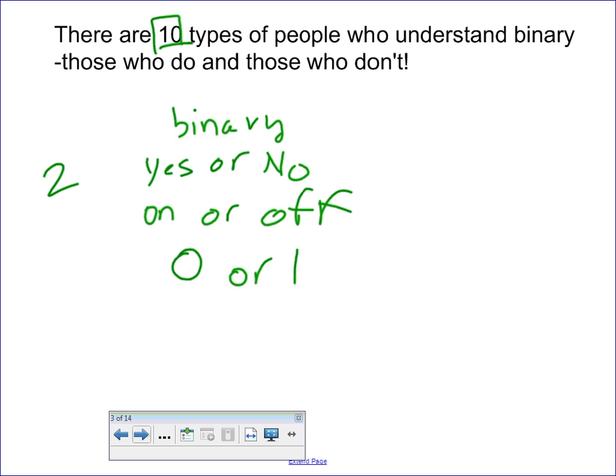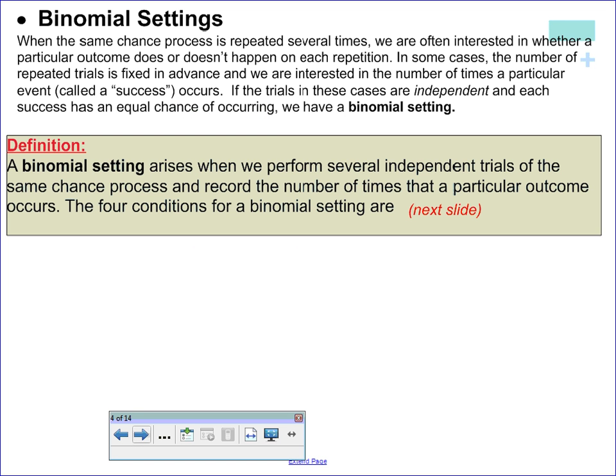And what we're going to be doing today are binomials. So it's binary situations, yes or no things. Binomial settings. There are certain conditions that we have to meet to get a binomial setting.